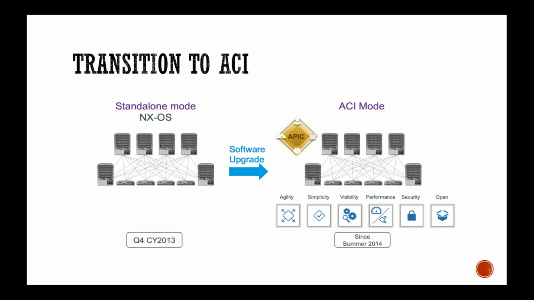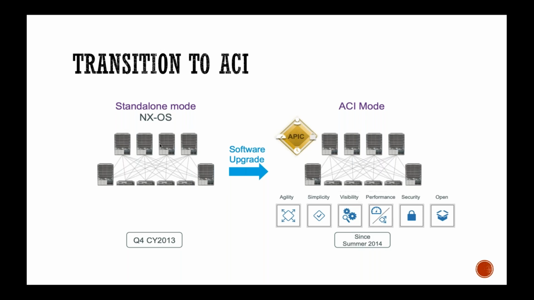So you need to change your operating system mode from standalone NX-OS to ACI mode and add your APIC controller. That's all. You are going to have the ACI infrastructure. You don't need to buy everything new. If you already have 9500, 9300 in place, just upgrade the image, just change the mode of the operating system from standalone NX-OS mode to ACI mode.